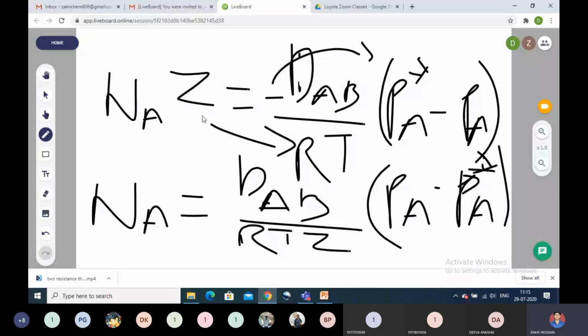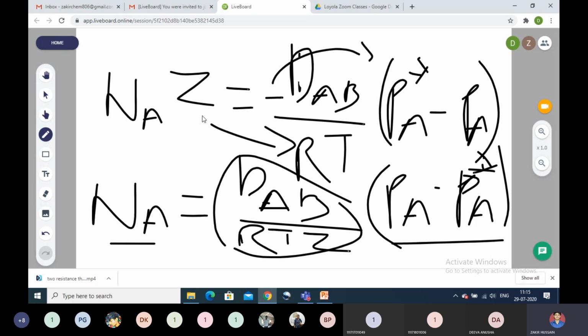This DAB by RTZ, the circled term, is nothing but a mass transfer coefficient, because the flux is directly proportional to the driving force, whether it is a concentration driving force or a pressure driving force. Whatever terms are left apart from the flux and driving force is the mass transfer coefficient. Since this is for the gas phase, we write this as KOG, the overall one.